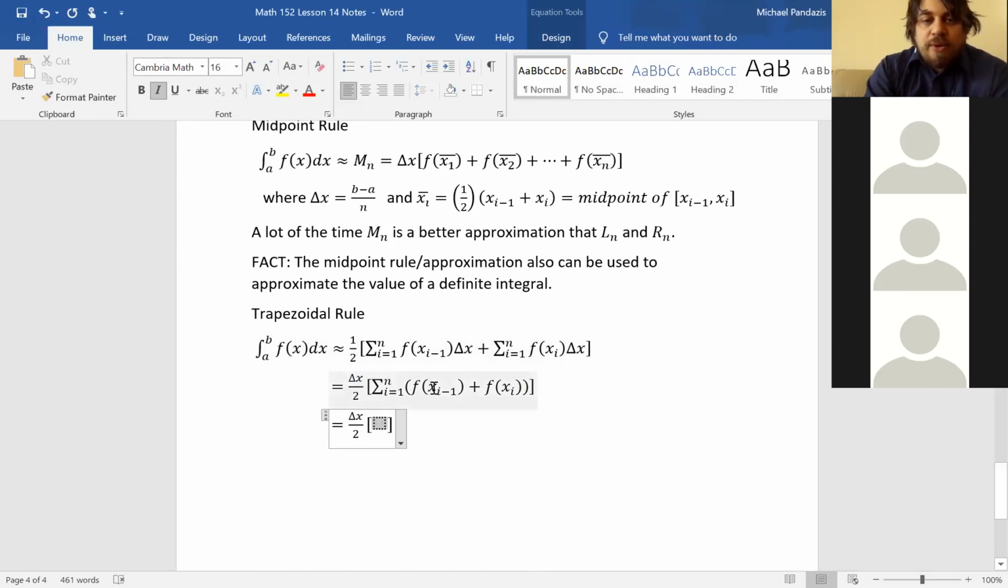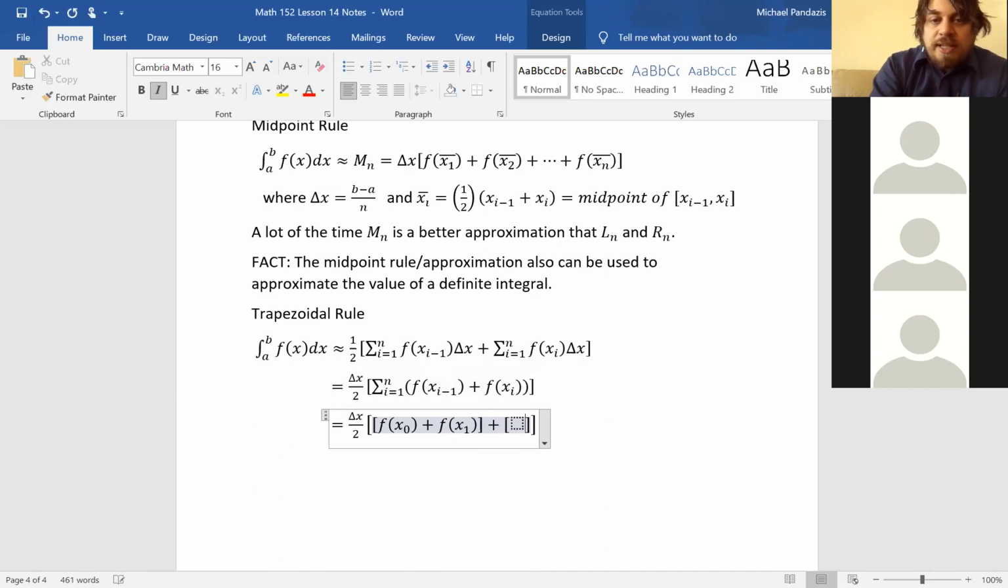When i equals 1, you get f of x naught here, and you get a plus f of x sub 1 here. This is from i equals 1, x naught and x1. And this is from the first term, that first bracket.